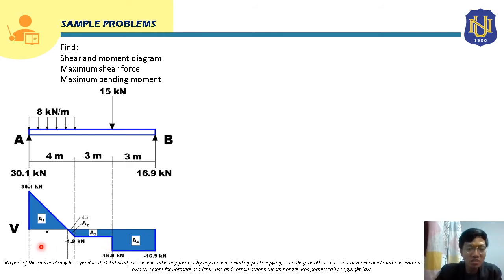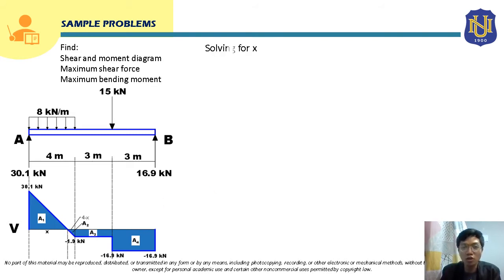As you can see, we have two similar triangles, since there's a straight line here. This bigger triangle is similar, or proportional, to this smaller triangle. We will use proportionality to solve for this distance x.